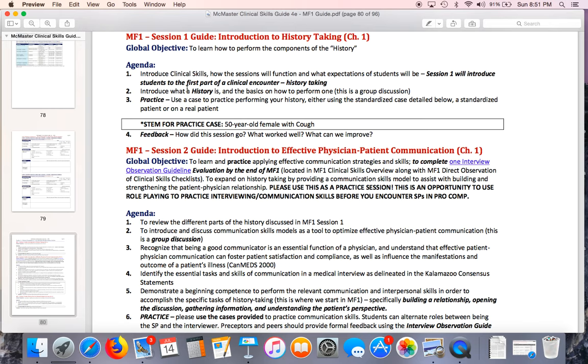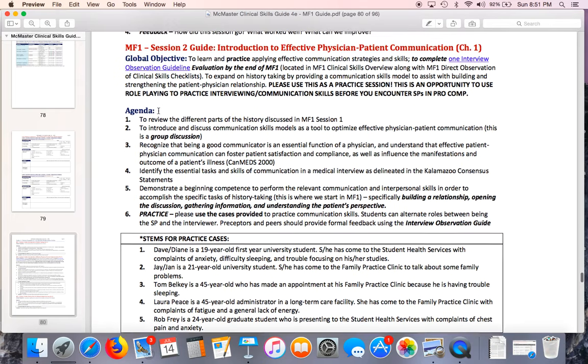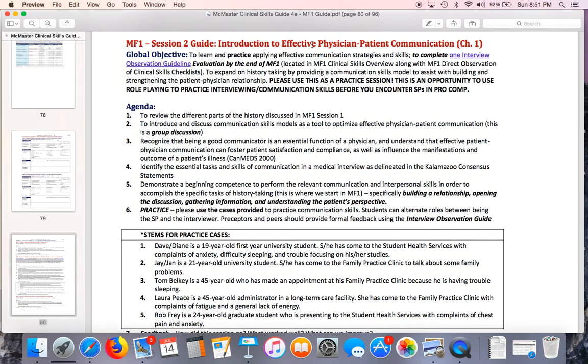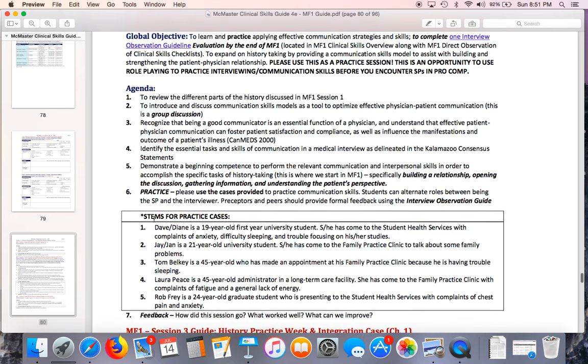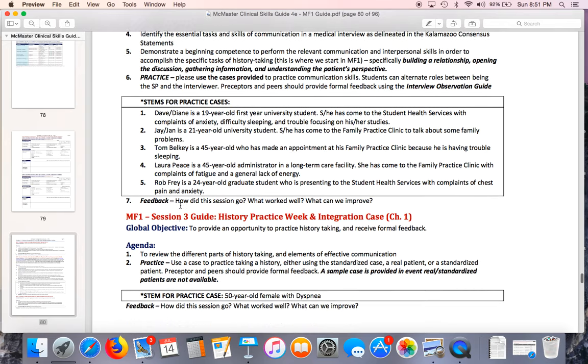It's actually really simple, introducing what a history is, doing a little bit of practice. And then when you go to session 2, introduction to effective physician-patient communication, again, it gives you the global objectives, it gives you an agenda of what to do and how to practice, and then it gives you some stems that you can use with your students to practice.